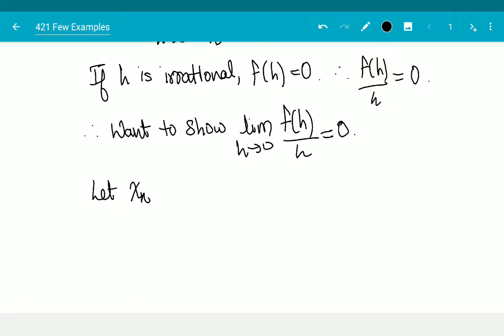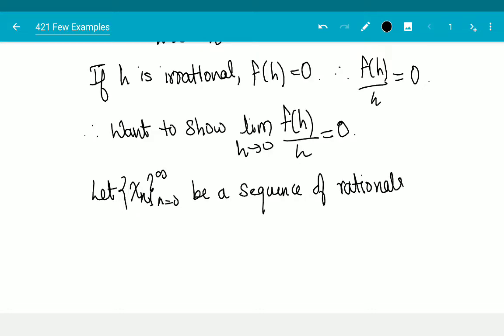Let xn, n equal to 0 to infinity, be a sequence of rationals such that the limit as n goes to infinity of xn is equal to 0, right?